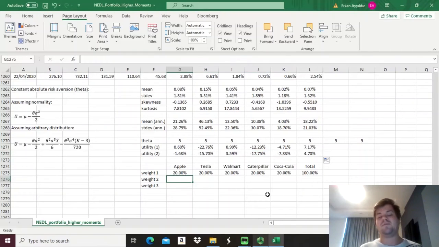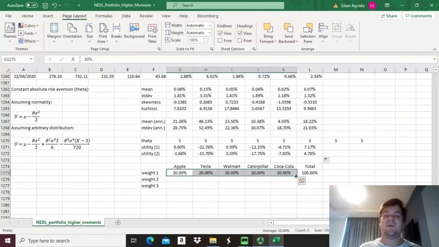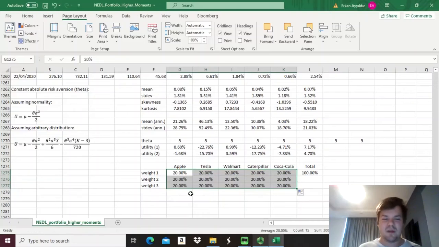So, how do you optimize your portfolio weights, how do you determine in which proportions you have to allocate your capital among the stocks that are available to you, given those two assumption sets? Well, we need to start with the same baseline cases, so equal capital allocation across those 5 stocks.